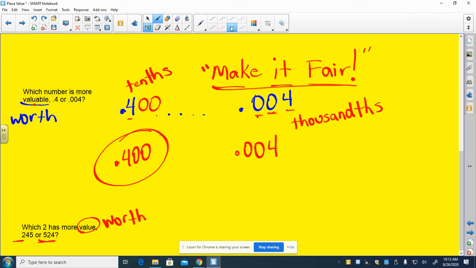But it wants to know just about the twos. So I'm going to rewrite my numbers. I have 245. I'm going to leave some space. And I have 524. Well, it wants to know which 2 has the most value.